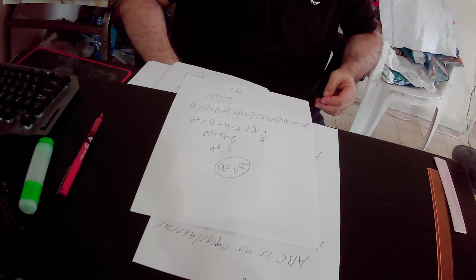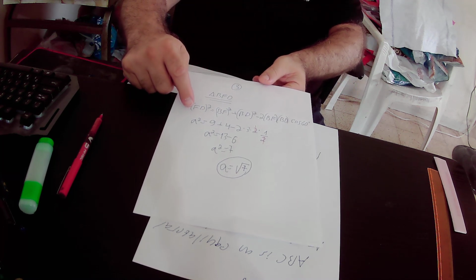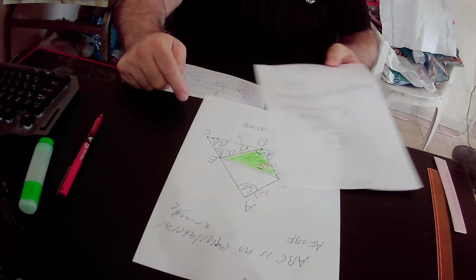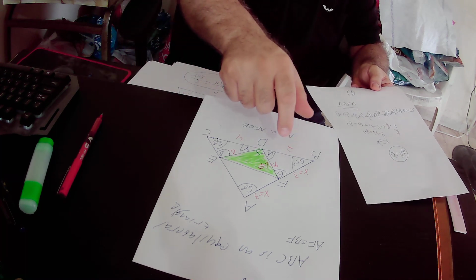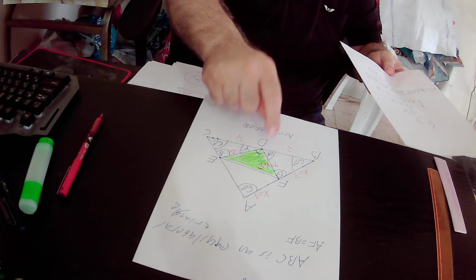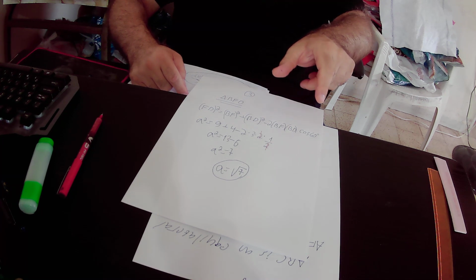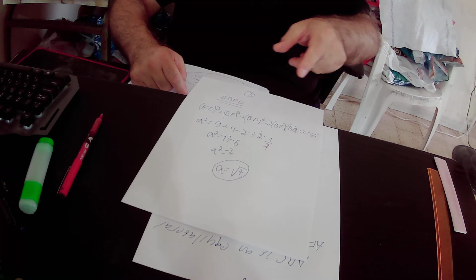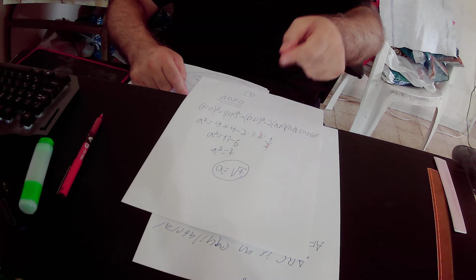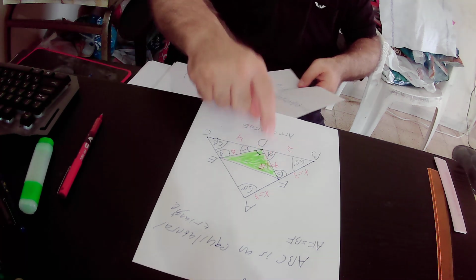So the only missing variable here is FD, which equals A. We know all the other values of all the line segments here. So we solve this equality, the equality of the law of cosines, and we found out that A equals the root of 7 units.